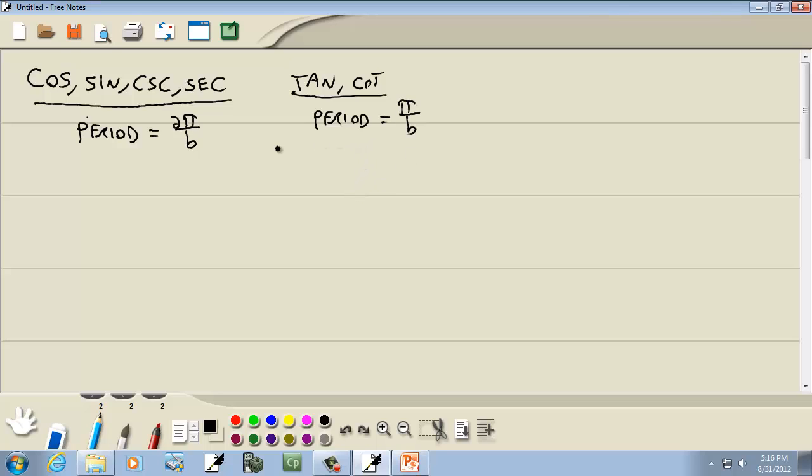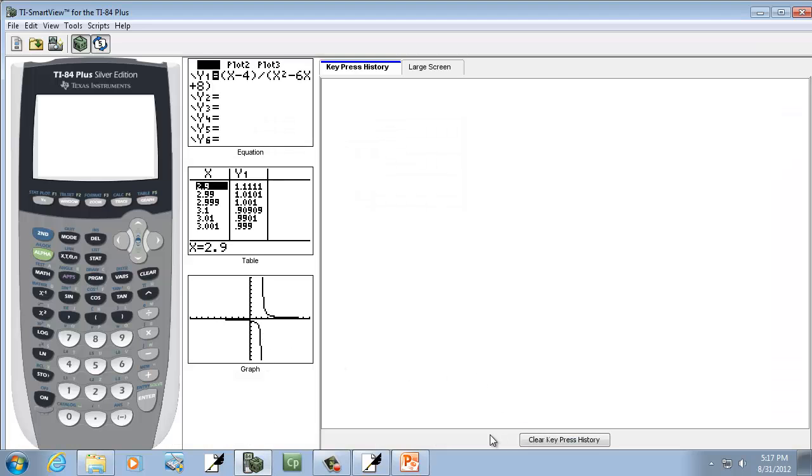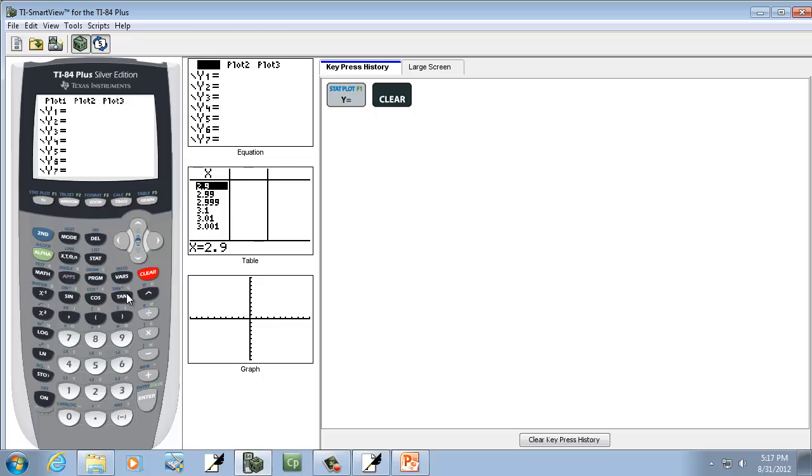Well, let's take a look at what tangent and cotangent look like. It's good to have that in mind when you first start graphing, so you know what to expect. Okay, so I'm going to press y equals, press clear, put in tangent, and then push my X key.